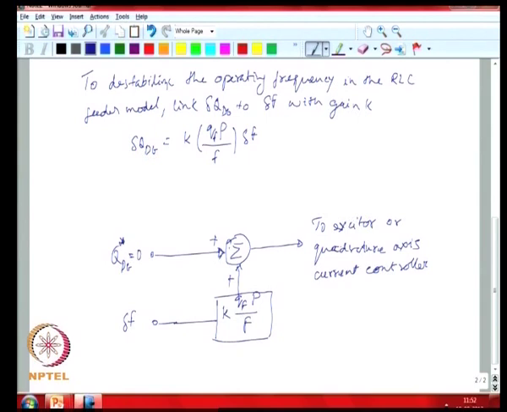The idea is, if you have a disturbance which would cause, say, your frequency to lower, as an example, if your frequency dips, then essentially you lower the VAR output from your DG.